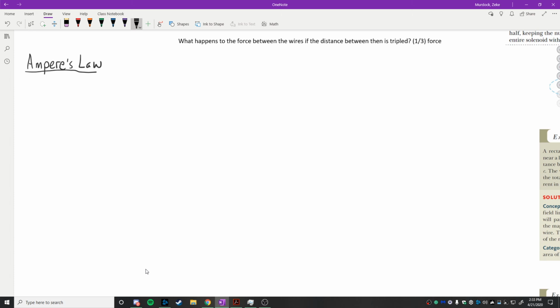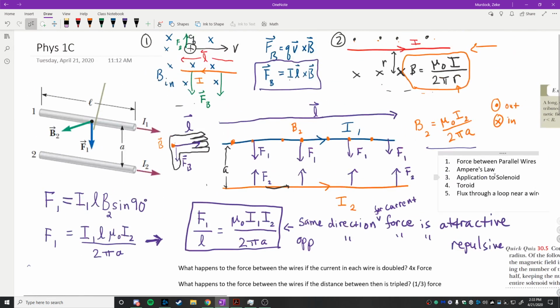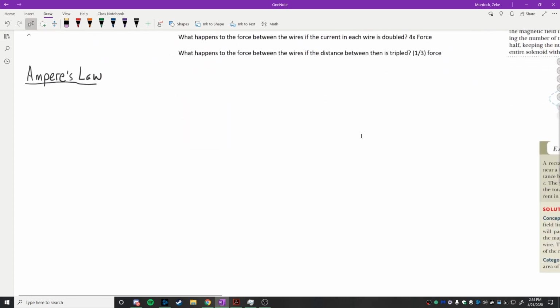The Biot-Savart law allowed us to calculate some things. One thing, for example, that we were able to calculate was the magnetic field due to a long current carrying wire, right? But the way that we did that was really quite complicated. And Ampere's law provides a way to do the same thing.